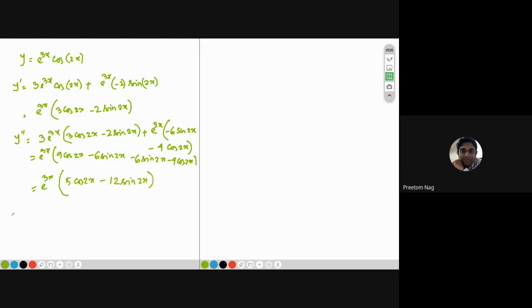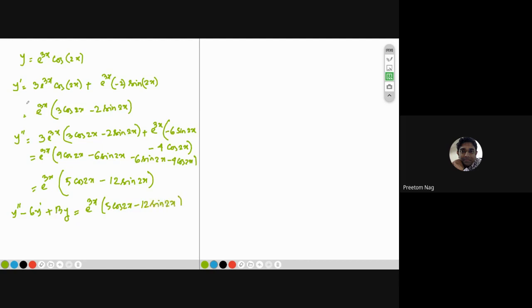Therefore y double prime minus 6y prime plus 13y: y double prime is this one, e to the power 3x (5 cos 2x minus 12 sin 2x).